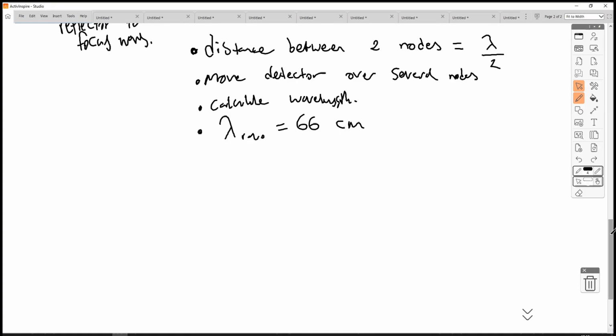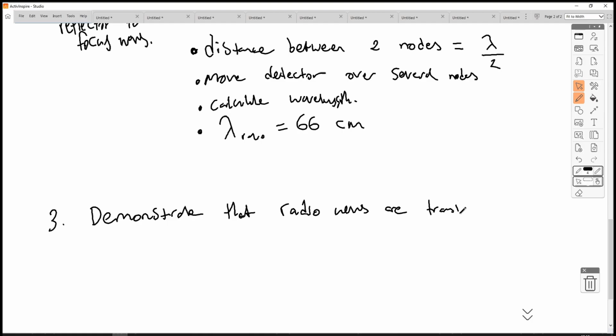Then, third thing that Hertz did is he demonstrated that his radio waves were transverse waves. So demonstrate that radio waves are transverse.